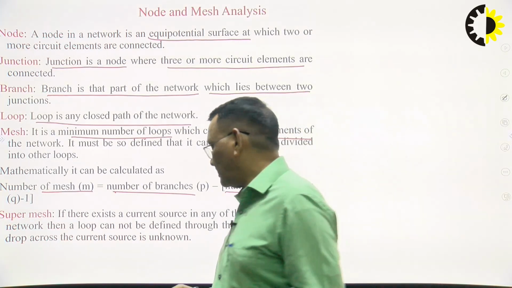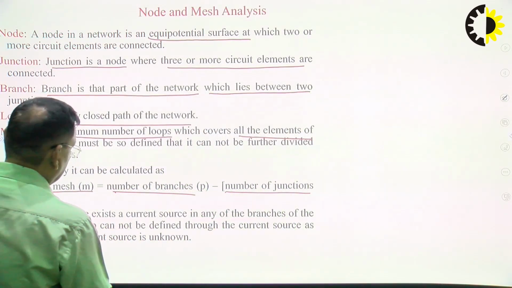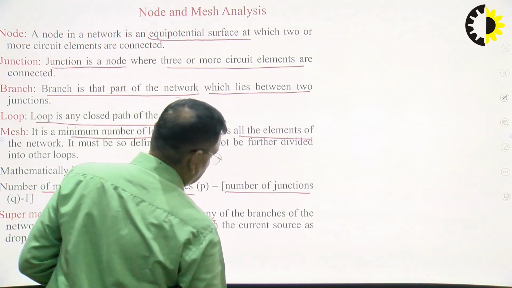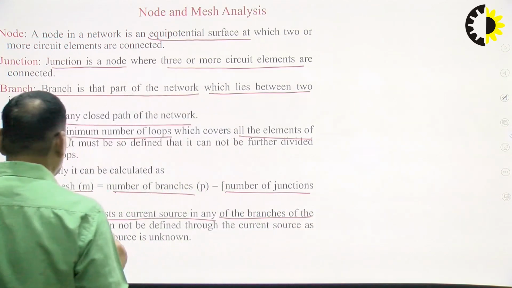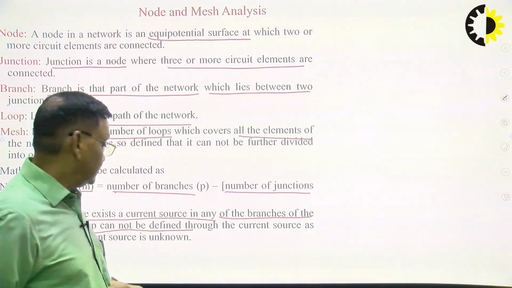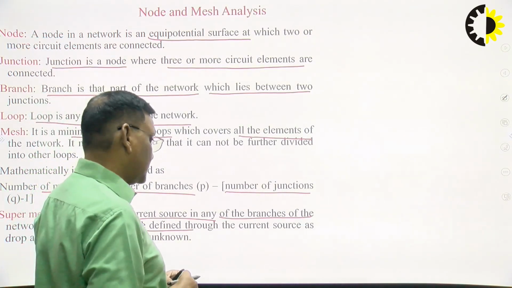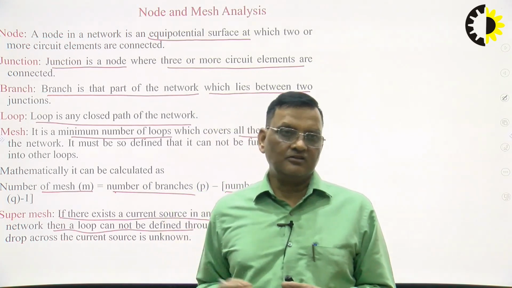Then there is another term, supermesh. What is a supermesh? If there exists a current source in any branch of the network, then a loop cannot be defined through the current source, as we do not know the voltage across a current source.